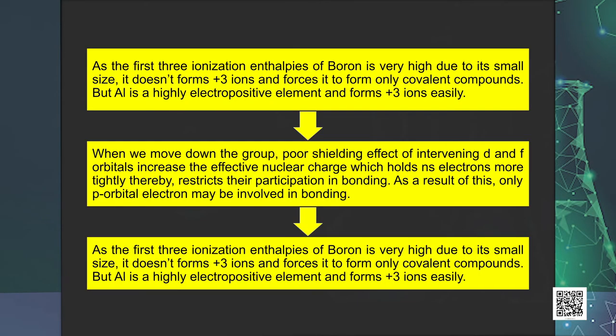Gallium, indium and thallium show both +1 and +3 oxidation states. The relative stability of +1 oxidation state progressively increases. In thallium, +1 state is predominant and +3 is highly oxidizing in character.